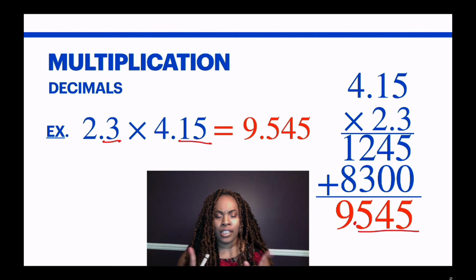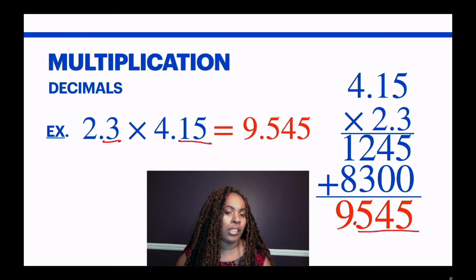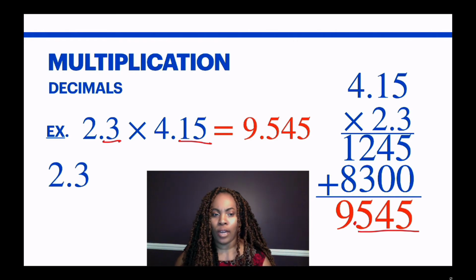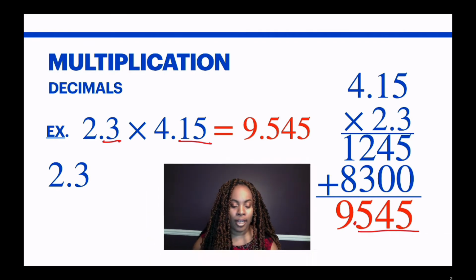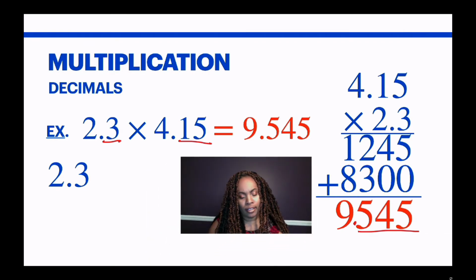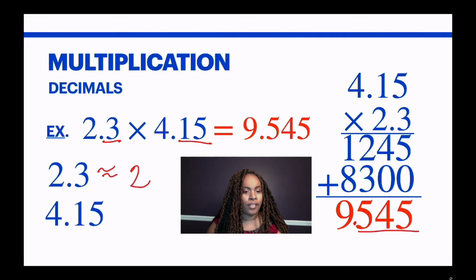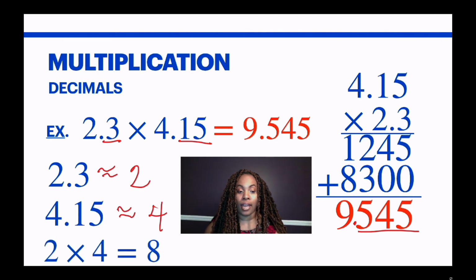But now, let's apply what I just said as far as estimating our answer and checking it for reasonableness. Was this question reasonable? Well, let's estimate. 2 and 3/10, what whole number is that close to? Yep, you got it. That's approximately 2. What about 4 and 1500ths? What whole number is that approximately? Yes, that's approximately 4. So if we just think about basic mathematics and we estimate it, 2 times 4 is 8.